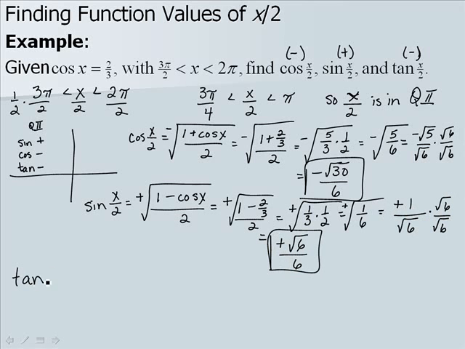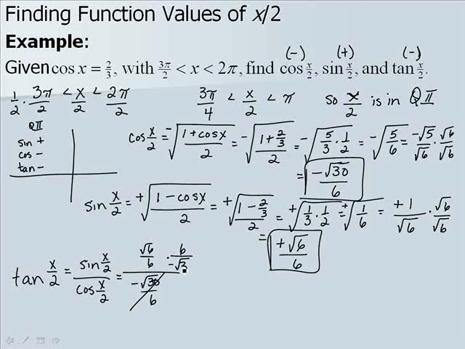Now to find the tangent of x over 2, I'm simply going to use sine of x over 2 divided by the cosine of x over 2. So we'll use our previous values, and we have square root of 6 over 6 divided by negative square root of 30 over 6, or multiplied by 6 over negative square root of 30.